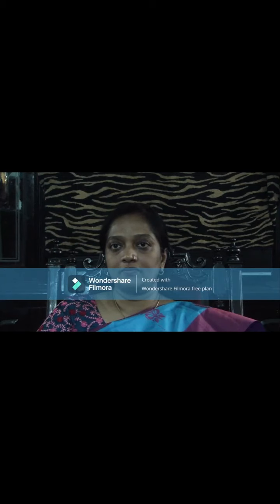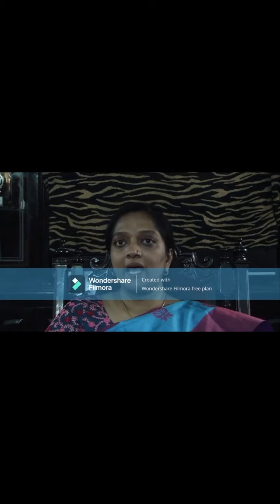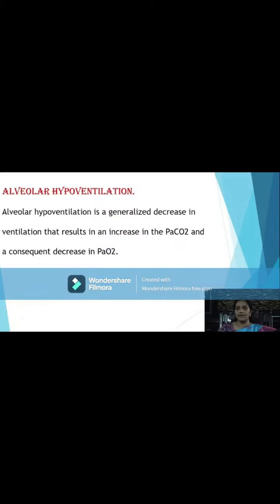The fourth mechanism is alveolar hypoventilation. Alveolar hypoventilation is a generalized decrease in ventilation that results in an increase in the partial pressure of carbon dioxide and a consequent decrease in partial pressure of oxygen.